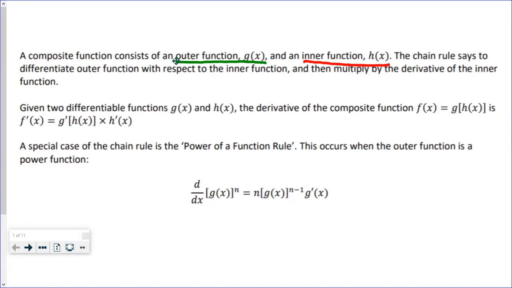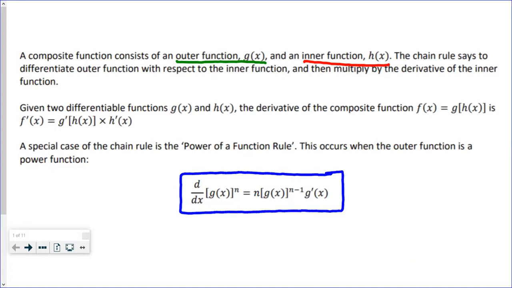So I'm going to go step by step to explain this chain rule, but the actual mathematical definition of the chain rule looks something like this. And really what it means is we are going to take the derivative of the outside function first.